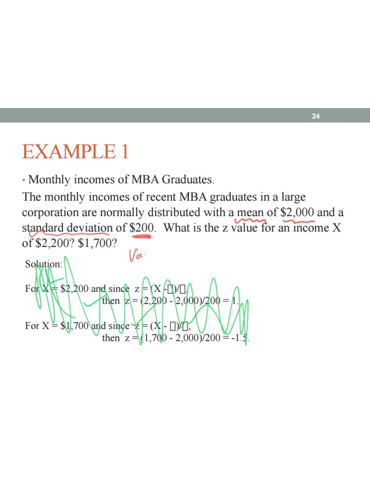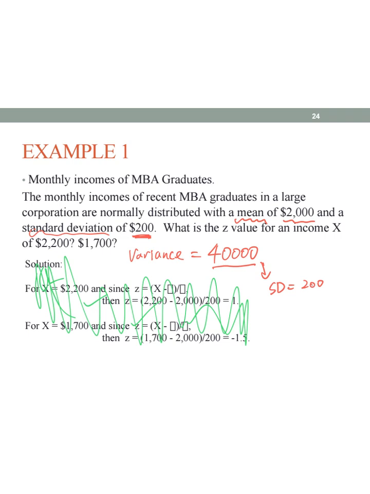So if I give you variance equal to 40,000, the square root of that is 200, the standard deviation. If I give you the variance, you need to transform variance to standard deviation as your first step.